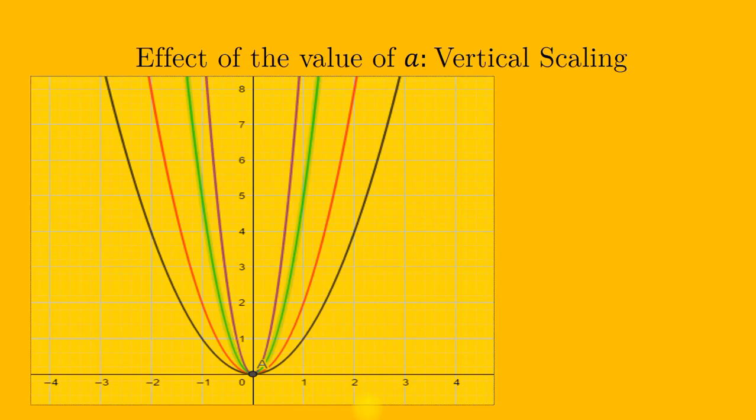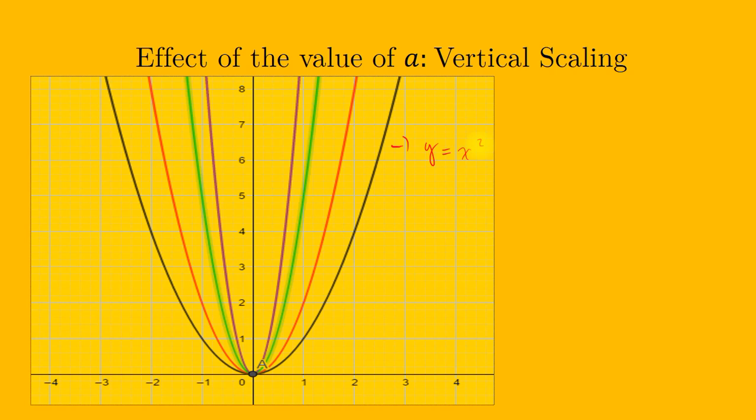Let's start with the effect of the value of a. The black graph here is y equals x squared. In this discussion, our reference function and reference graph is y equals x squared, meaning we are going to transform other functions based on x squared.